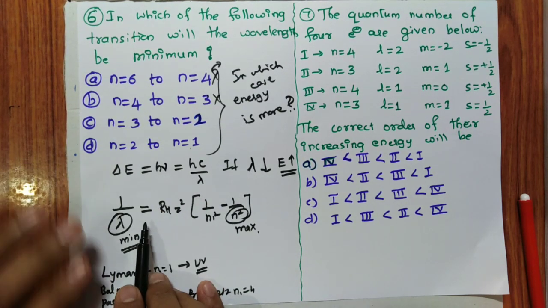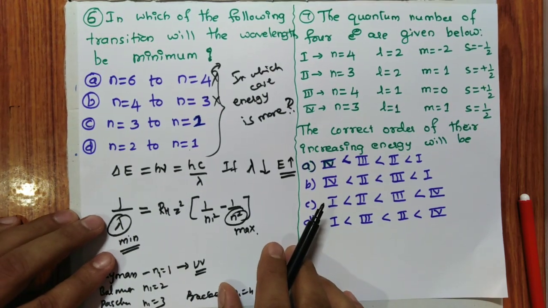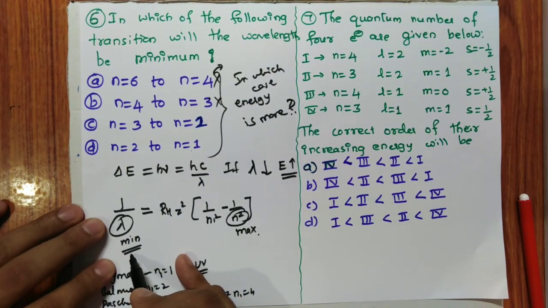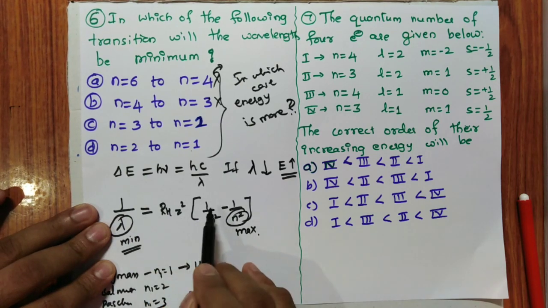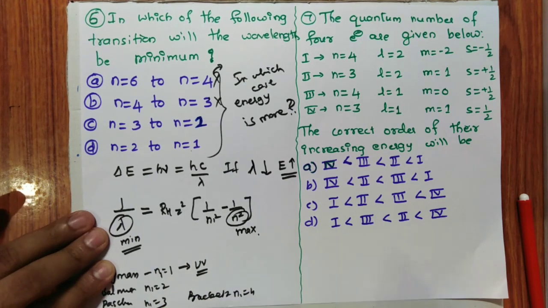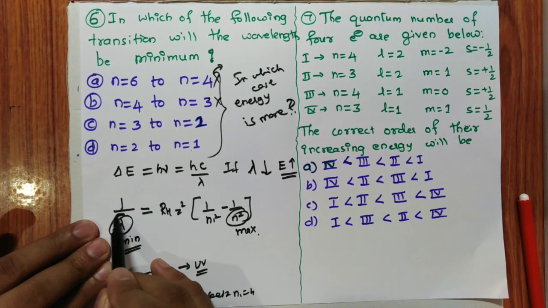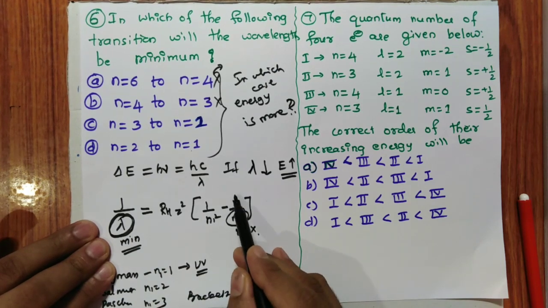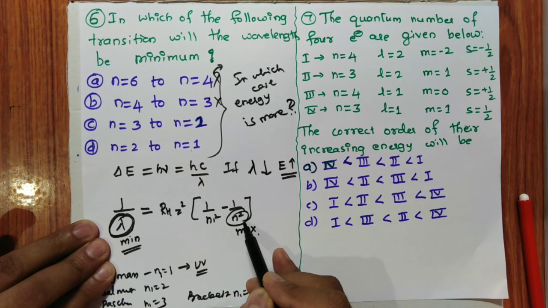For that, we will consider this particular formula, Rydberg's formula. In case of Rydberg's formula, remember 1 by lambda is equal to RH into Z square into 1 by n1 square minus 1 by n2 square. How to calculate this? Remember, if we require this minimum, what should be this answer? This minus 1 by n2 square, remember.